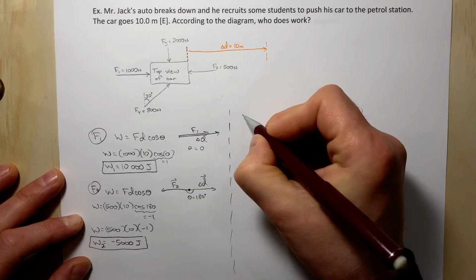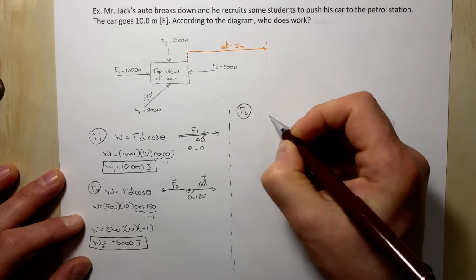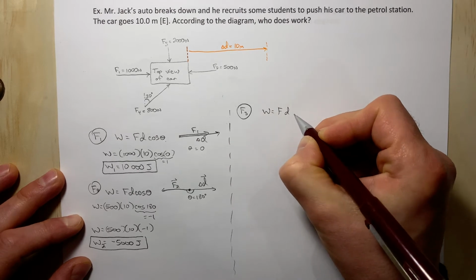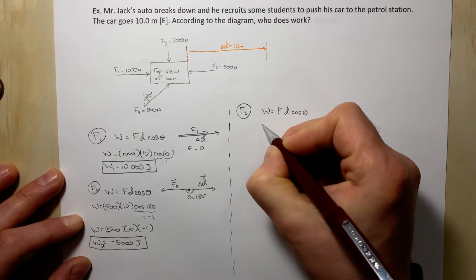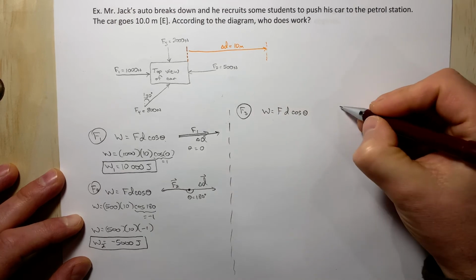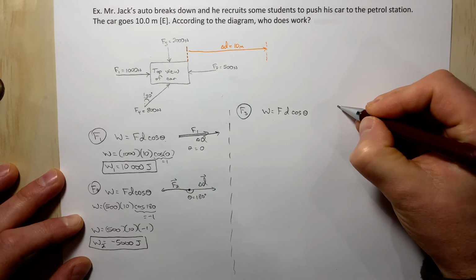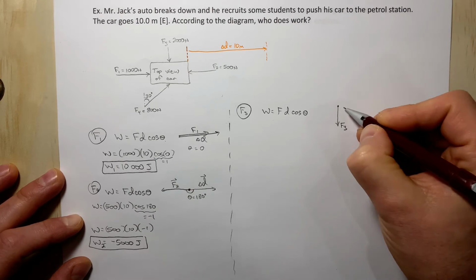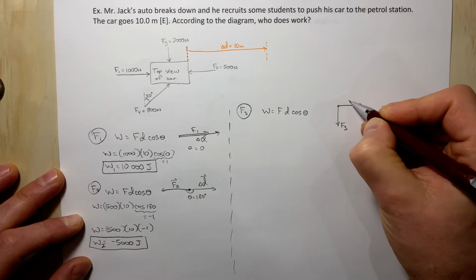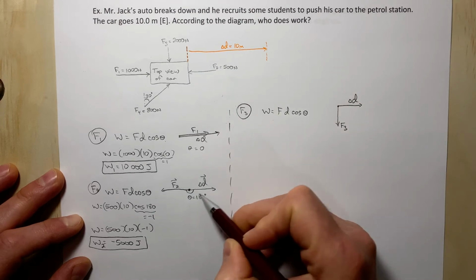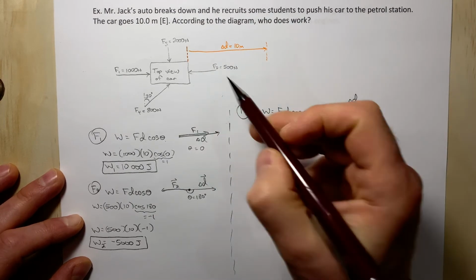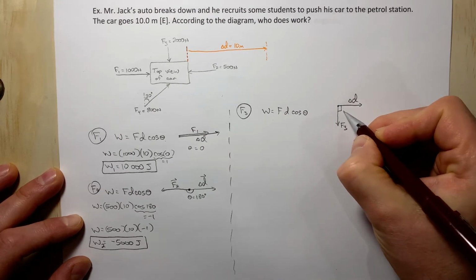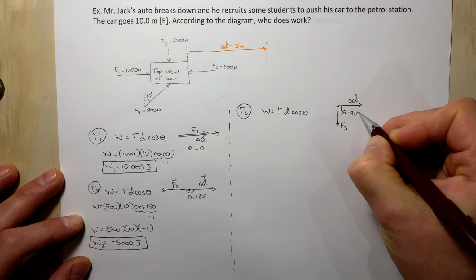Let's talk about person 3. So force 3, let's look at that one. Work done by force 3 goes according to this equation, as they all do. If I draw my little diagram again, it's kind of like doing a free body diagram. Force 3 is going straight down this way, but the displacement is going this way. Remember, for all of them, the displacement is 10 meters to the right, or maybe to the east. The angle between them, that theta, is 90 degrees.